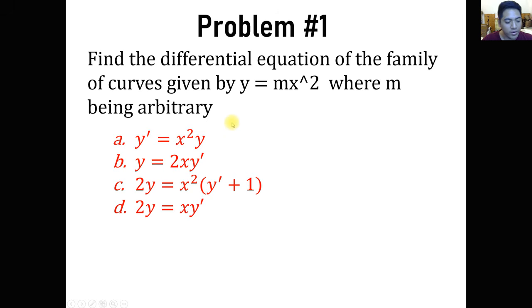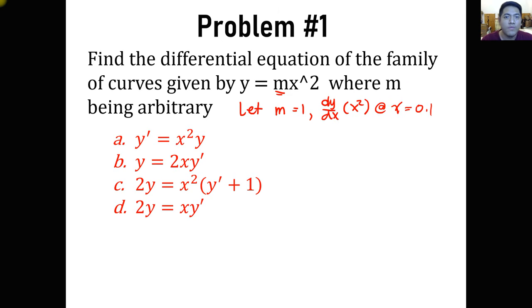So what I'm going to do here is let the arbitrary constant, in this case the m, equal 1, and I'm going to get the derivative dy over dx of x squared at x equals 0.1.